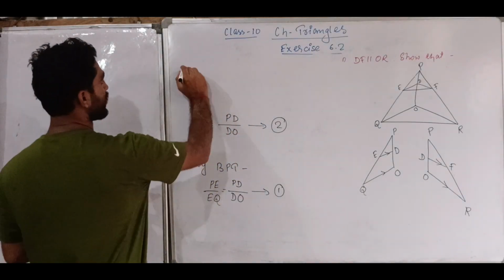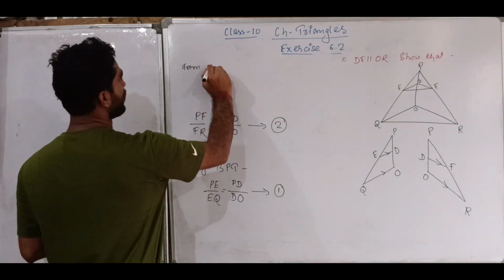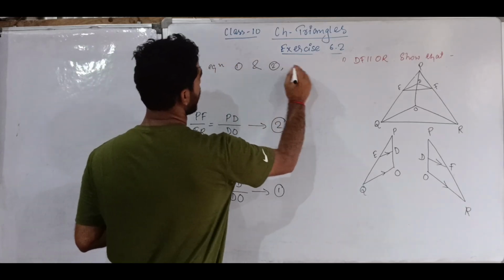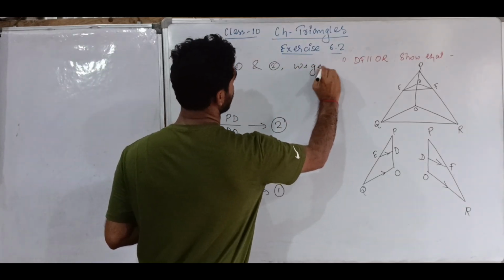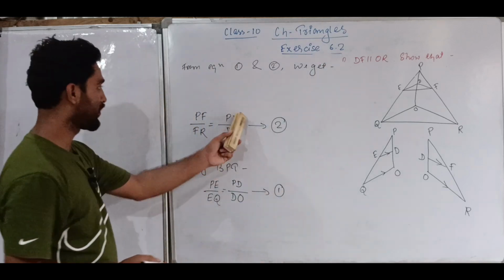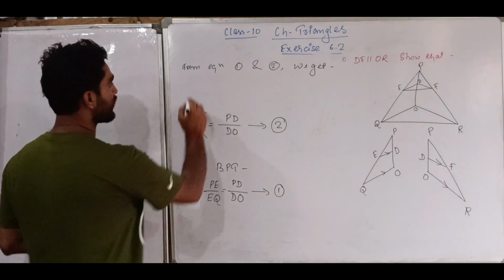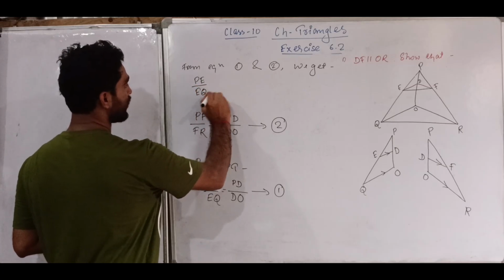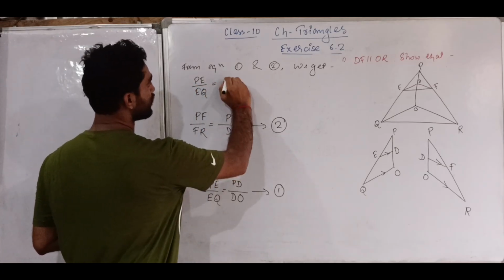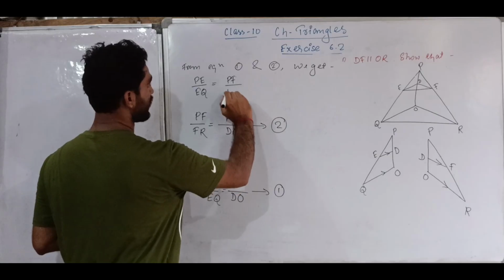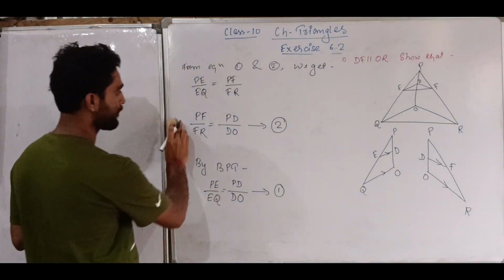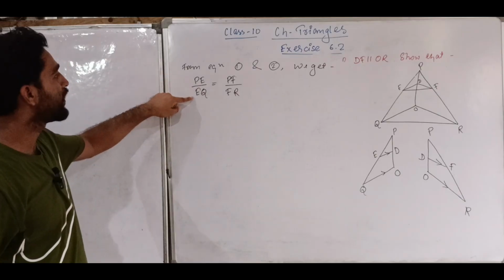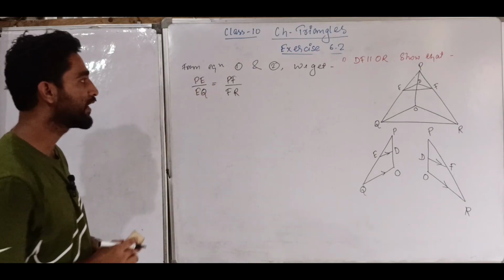So from equations 1 and 2 we get PE divided by EQ is equal to PF divided by FR. Now what have you proved? PE divided by EQ is equal to PF divided by FR.